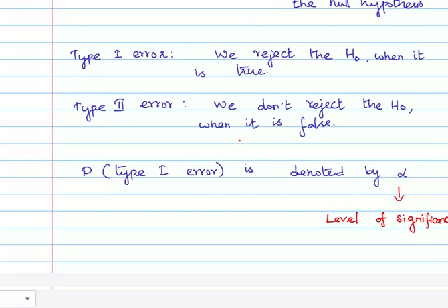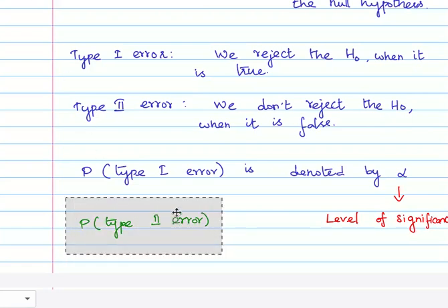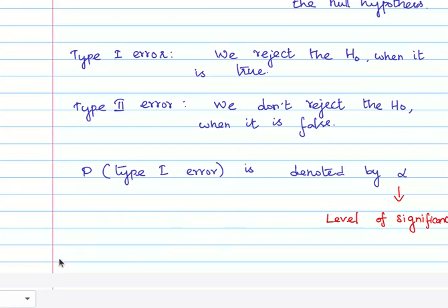The probability of a type 2 error is denoted by beta.